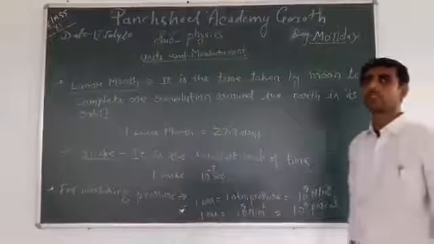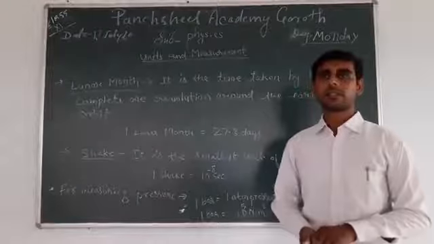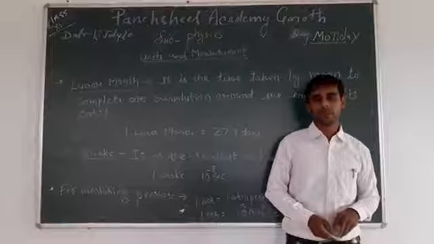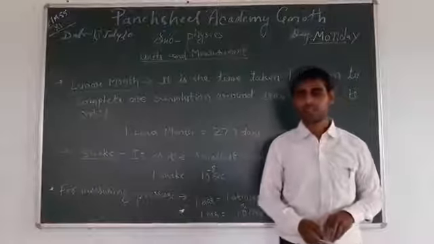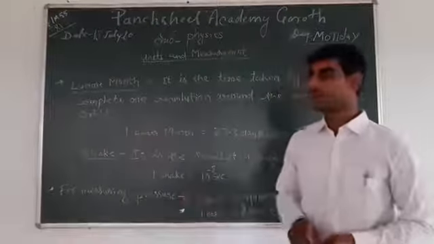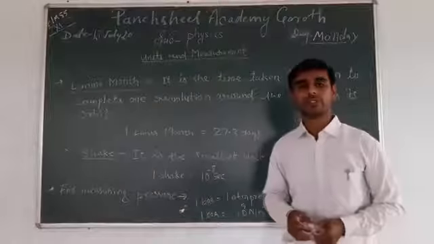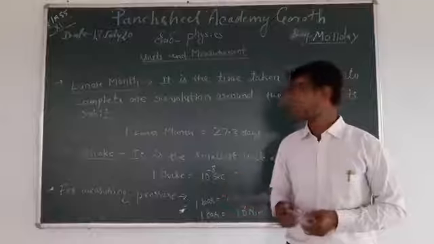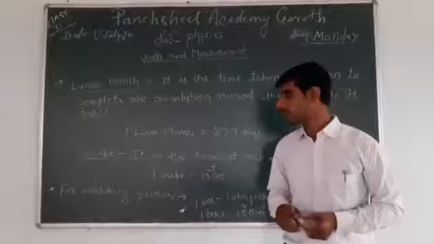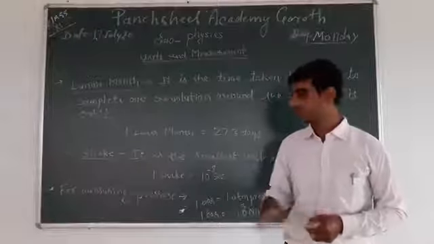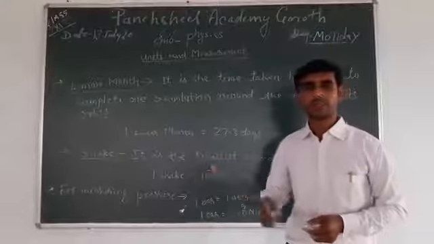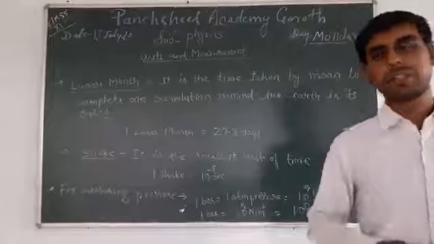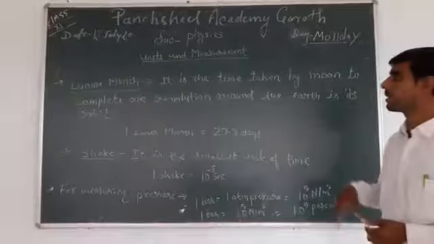So these are some special units for the measurement of various quantities. Write down all these units and remember them for your further chapters in physics. This will help you understand the remaining things in your further chapters.